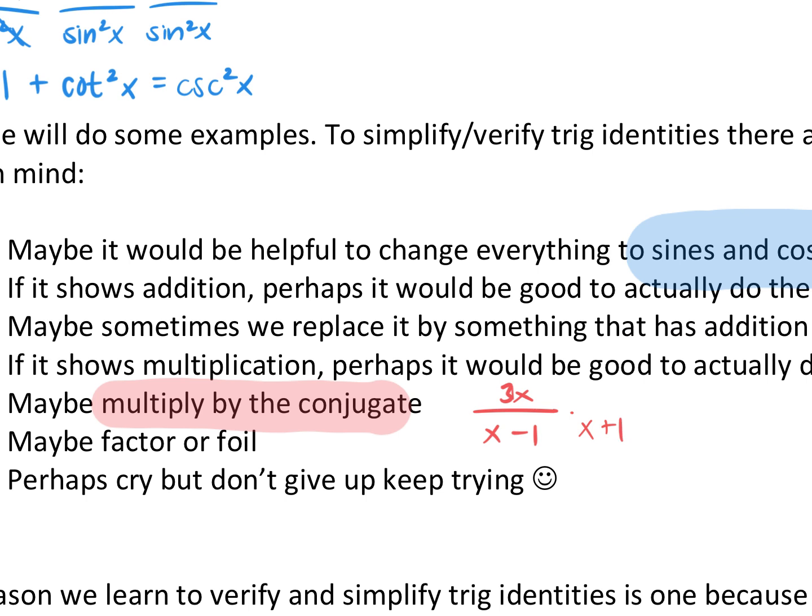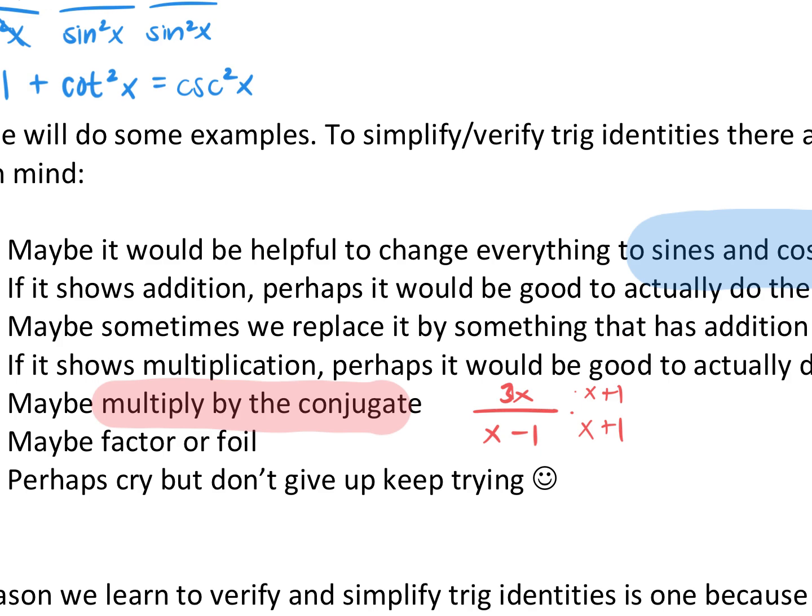So you'd multiply the top and the bottom by x plus 1. That's the conjugate: changing the denominator with a plus or a minus depending on which one you're given. You might have to factor, you might have to FOIL, but don't freak out because there are going to be trig functions in there. It's going to be like sine of x plus 1 squared. You might have to FOIL that. And then again, don't cry, but keep trying.